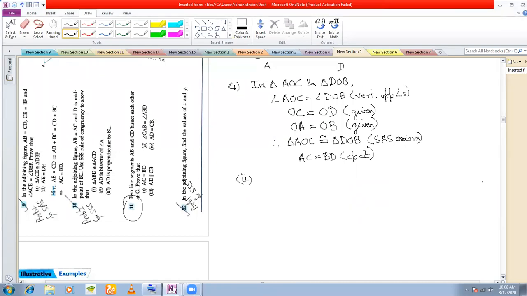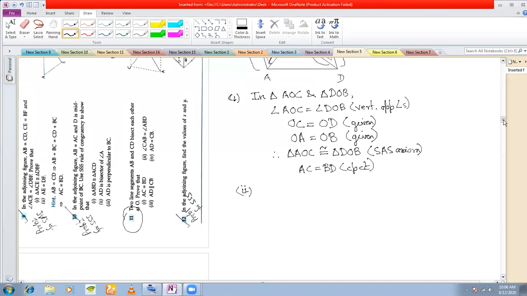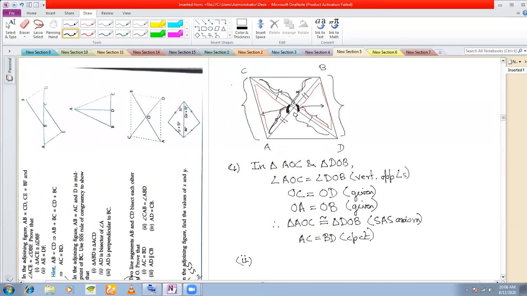Angle CAB is equal to angle ABD. Let's see what the angles are. CAB, by CAB you mean this angle. ABD, by ABD I mean this angle. Are they equal? Yes.